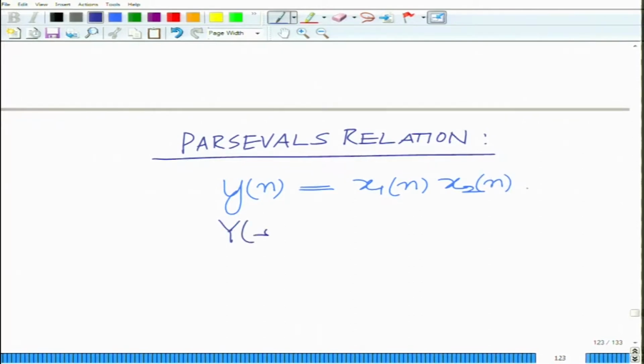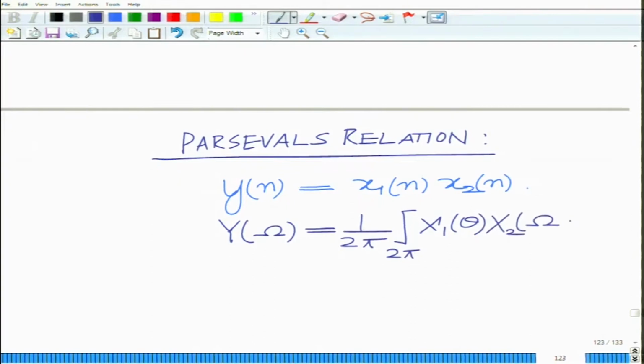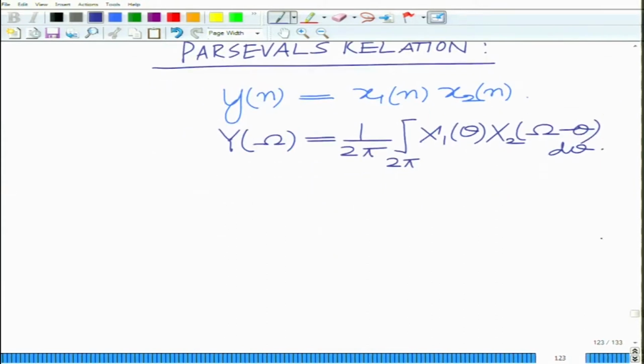Then we know that Y(ω) is the periodic convolution of X1(ω) and X2(ω), given as 1 over 2π integral over any 2π region of X1(θ) X2(ω minus θ) dθ.